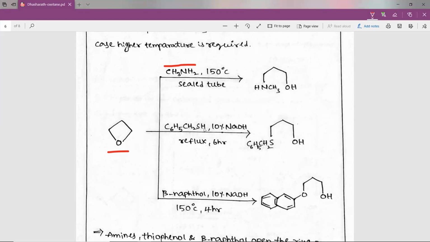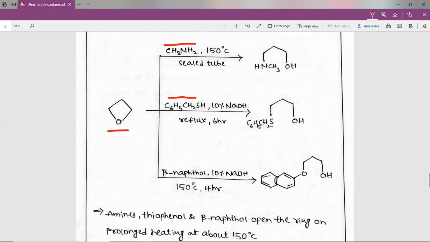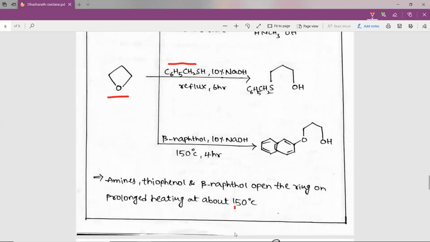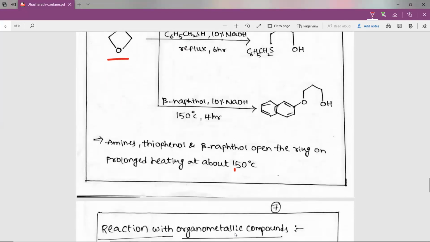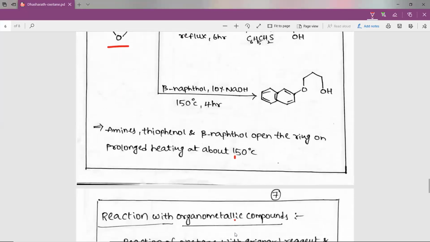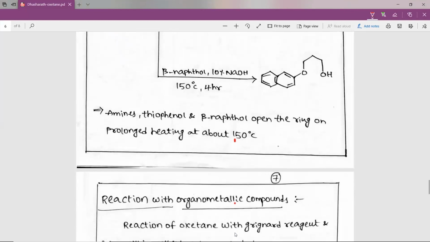And benzyl thiol, all these are bases. Benzyl thiol will open the oxygen ring, and we get OH and SCH2C6H5. Similarly, beta-naphthol can act as a base and open this ring system. So these reactions occur at higher temperature on prolonged heating.